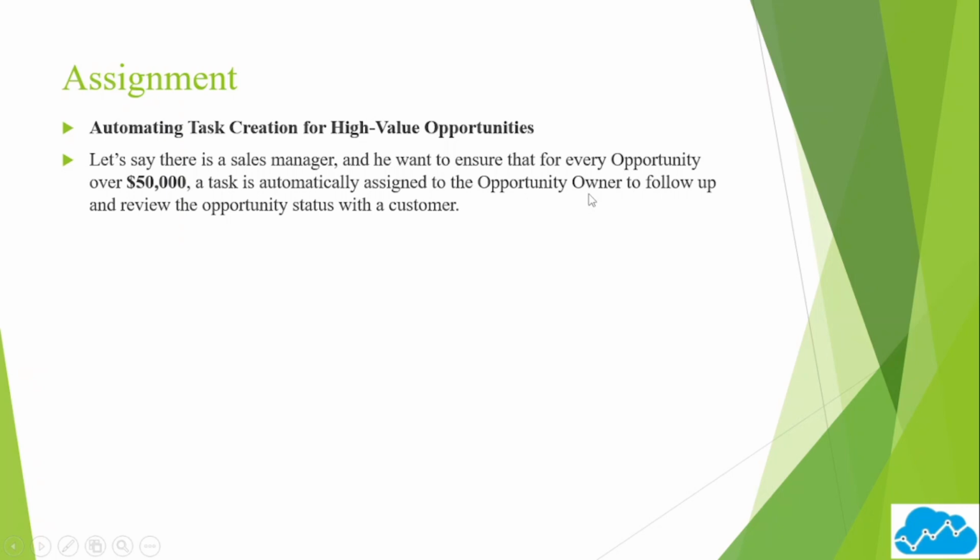So whoever is the owner of that opportunity, to that opportunity owner one task is getting created for follow up and review the opportunity status with customer. So it's done.